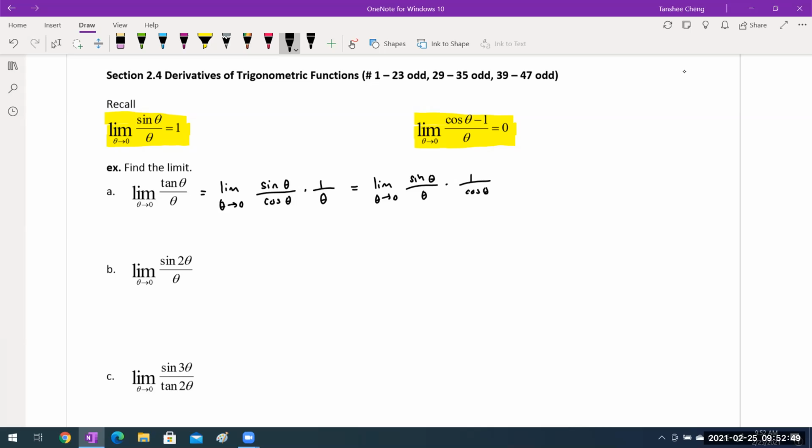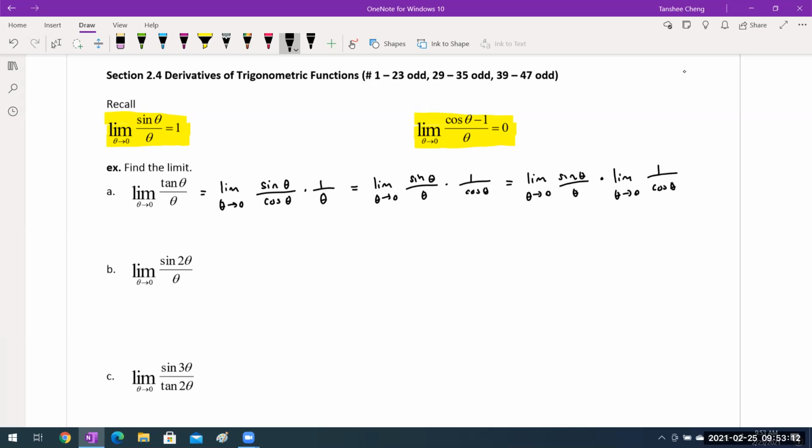And now each limit exists. So therefore, I can write it as the limit as theta approaches 0 of sine theta over theta times the limit as theta approaches 0 of 1 over cosine theta.